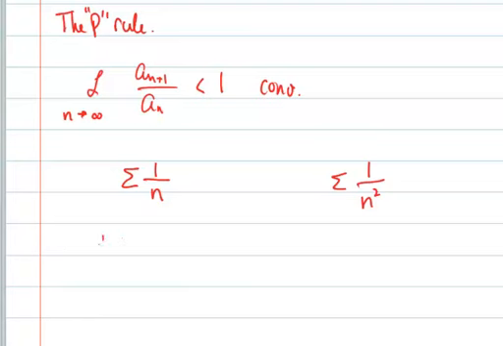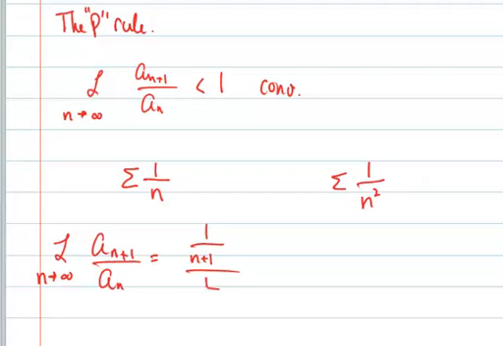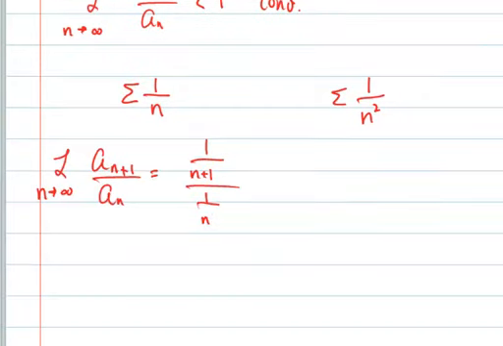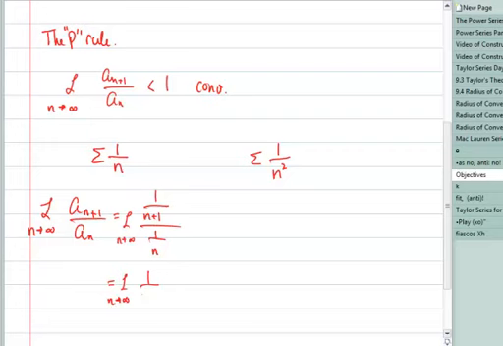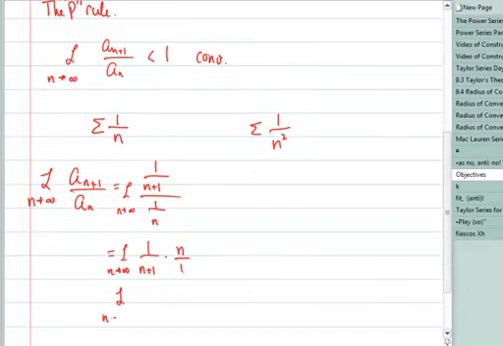We're going to write out the n plus first term over the nth term, and then when we multiply by the reciprocal, we end up having to use L'Hopital's rule, which results in a limit of 1.